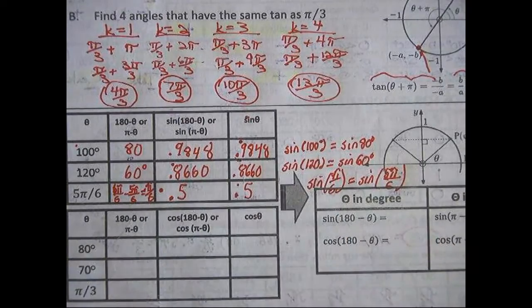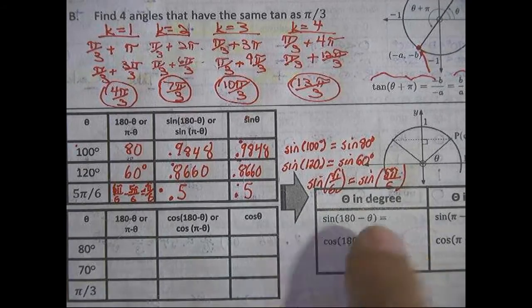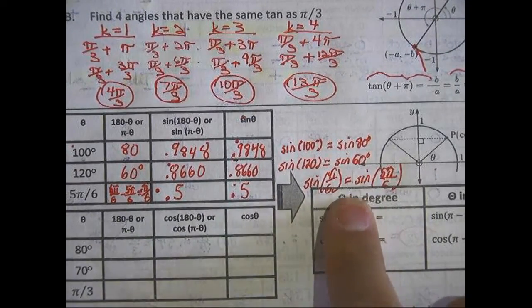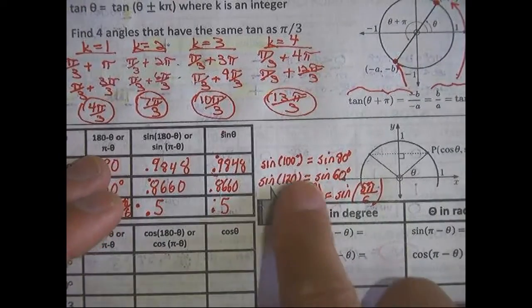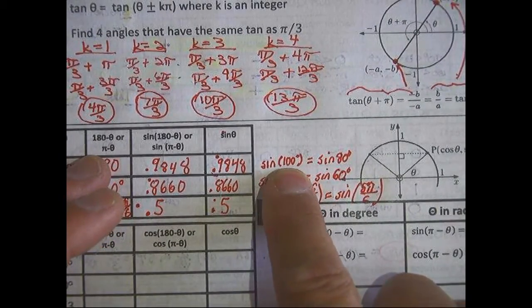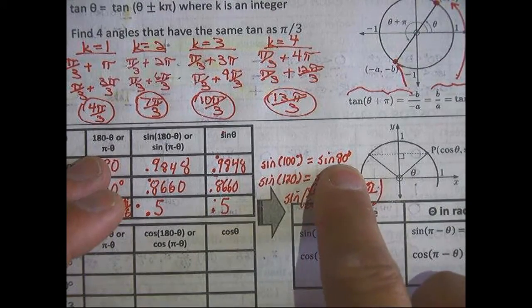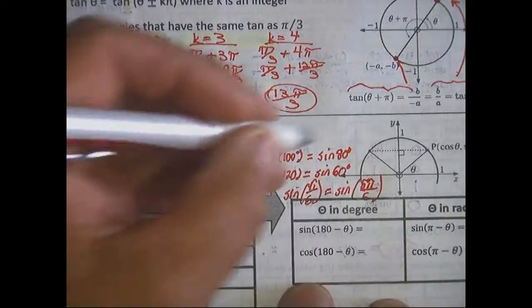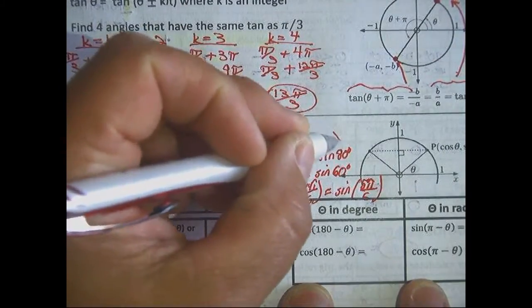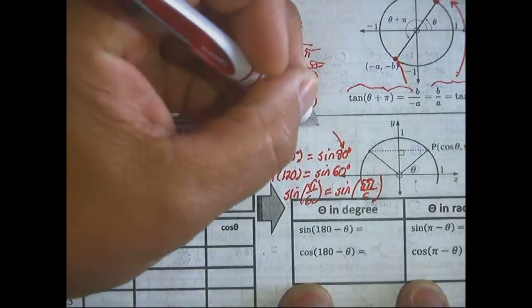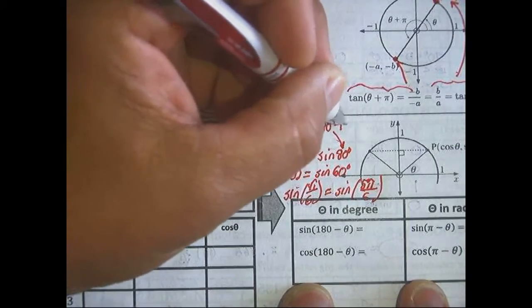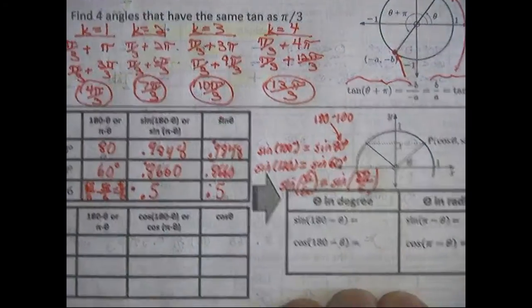So if you had the sine of 150, what would it be the same as? Based on what we just saw here. 30. Based on what we just saw, the sine of 150 would be the same as 30. All of these numbers are 180 take away whatever the angle is.